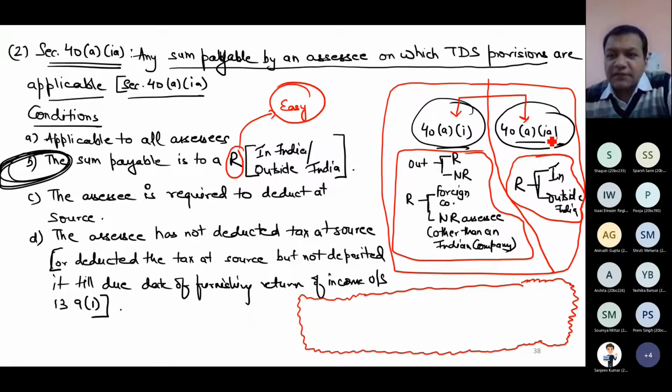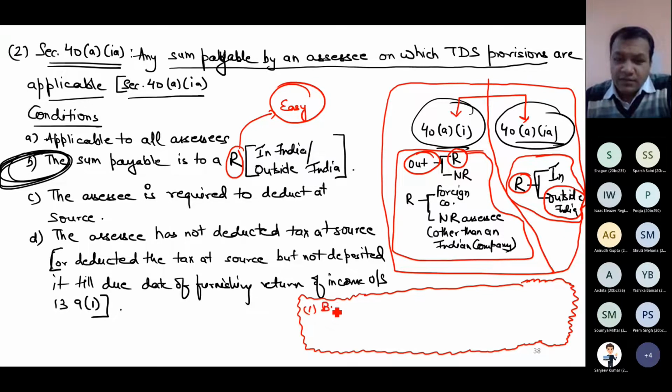In 40A1A, if payment is made to a resident in India or outside India, both are covered. So can't you see that if payment is made to a resident outside India, then this type of payment will be covered in both the sections? There is a payment which is covered in both the sections.